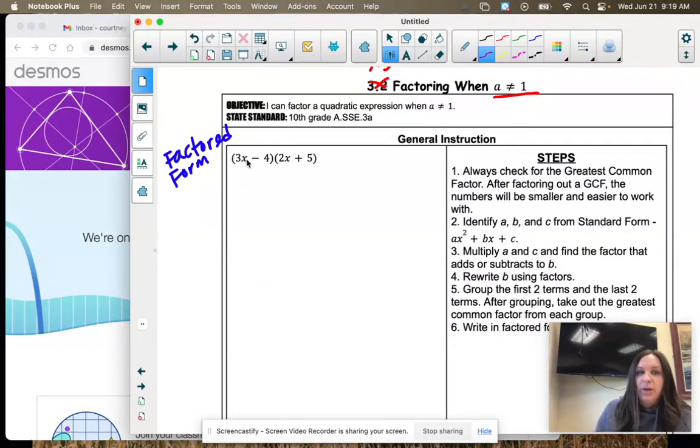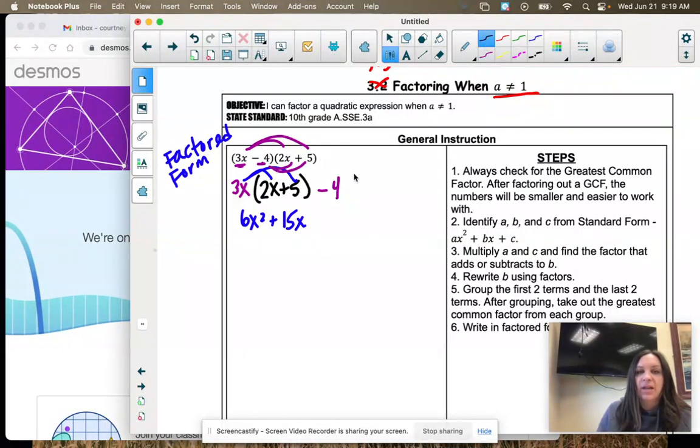So here I have two binomials. Remember, I take the first term and I multiply that to both terms in the second binomial. So 3x times 2x is 6x squared. 3x times 5 is 15x. Then we do the same thing with the second term in the first binomial.